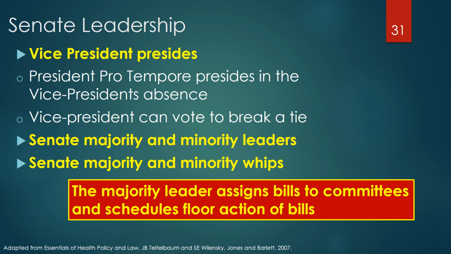The minority leader is not able to schedule floor action and bills, since that is the role of the majority leader only. The majority and minority whips track legislation, mobilize support for leadership positions, keep track of how members will vote, and assist the majority and minority leaders in accomplishing their party's strategy.